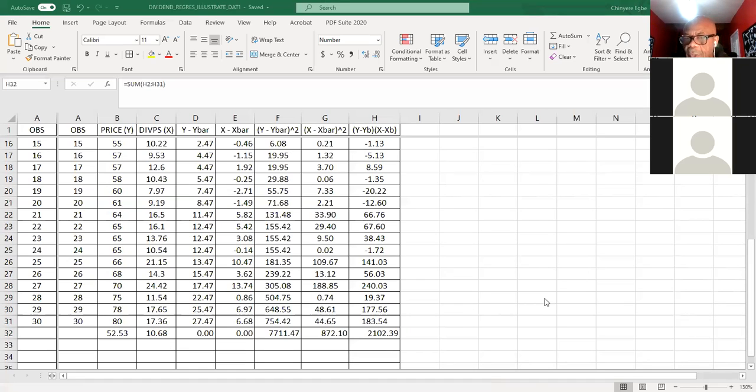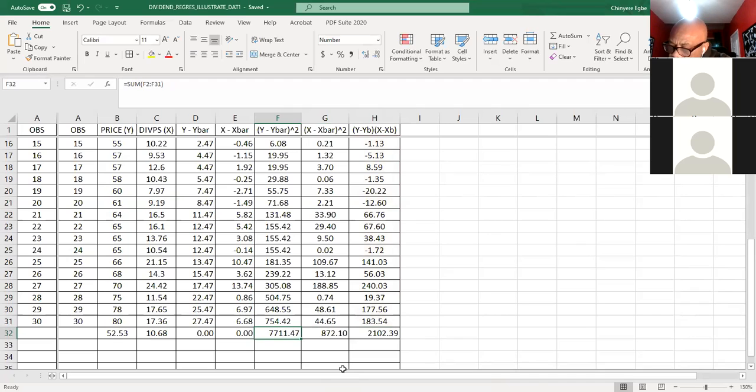Okay. So that is 2102.39. How about the sum of Y minus Y bar squared? It is 7,711.47.